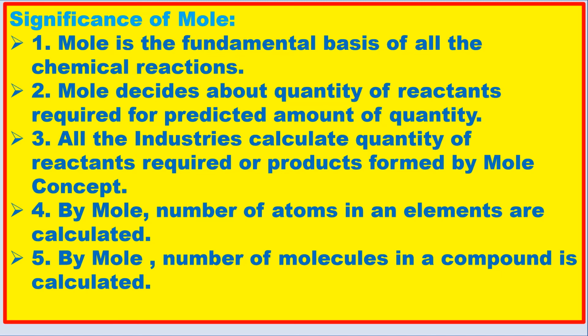So N2 plus 3H2 is equal to 2NH3. In this case, by balancing the reaction, if we are taking 4NH3, then the demand will be 2 N2 molecules and 6 H2 molecules.